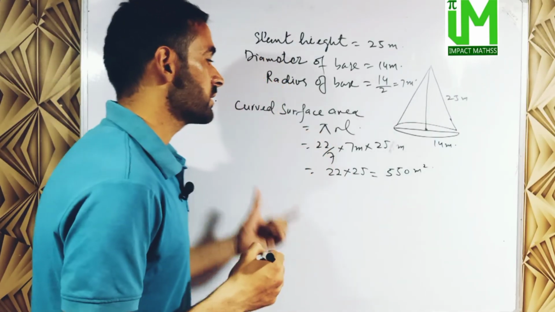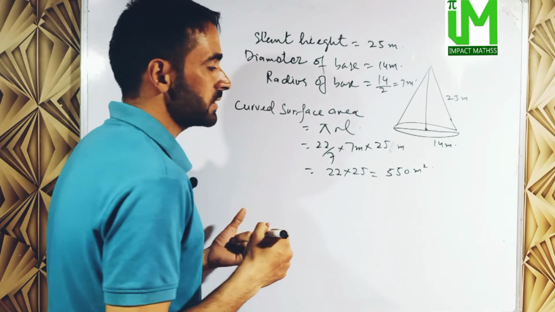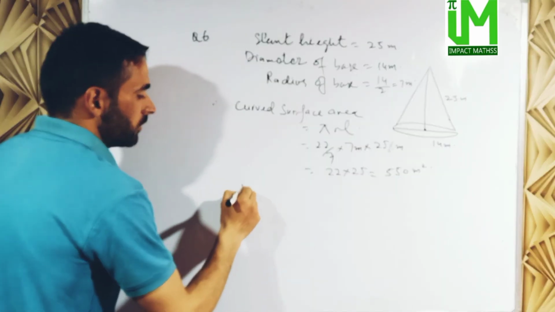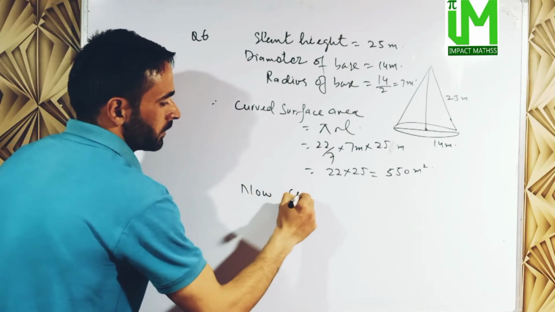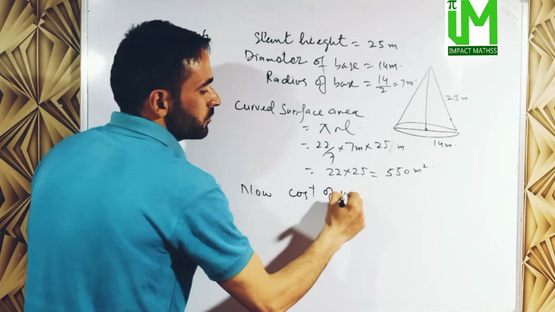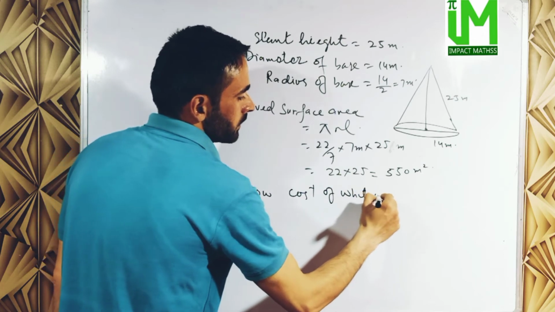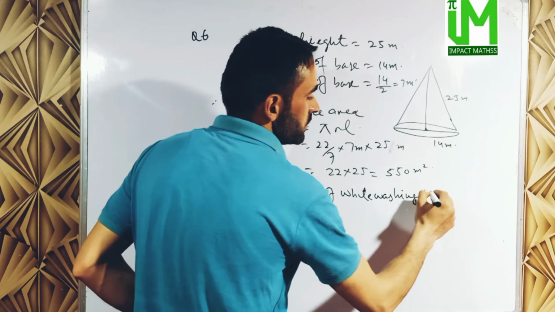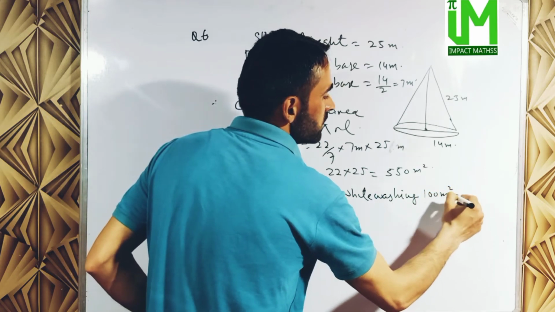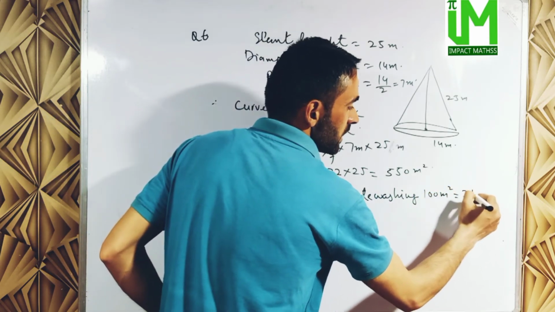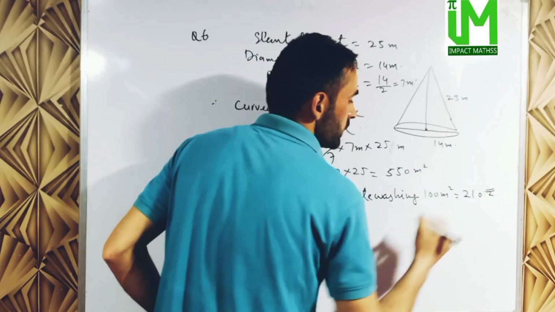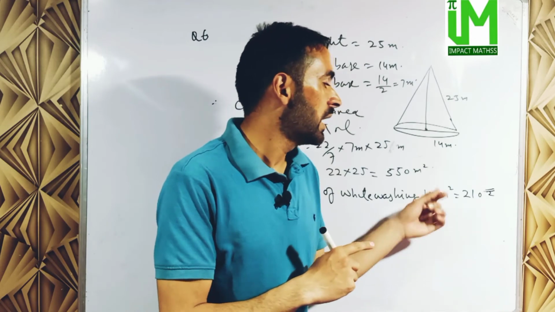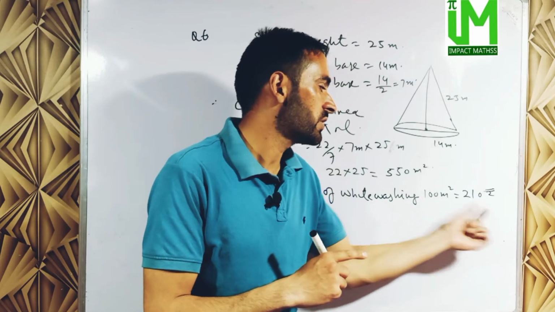Now the cost of whitewashing is 210 rupees for 100 meter square. That means per 100 meter square the cost is 210 rupees.